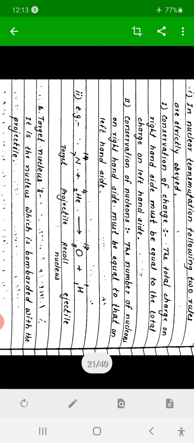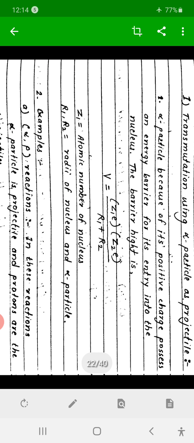Now we discuss different nuclear transmutation reactions by using different particles as projectiles. Different transmutation reactions using different types of particles as projectiles.